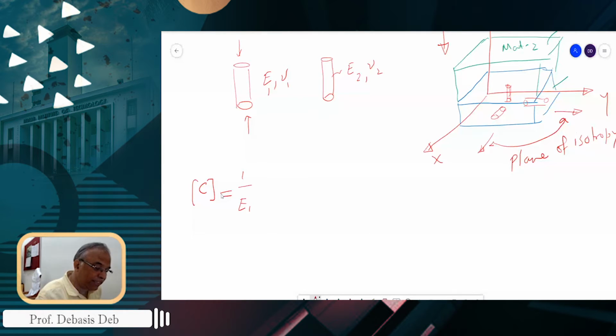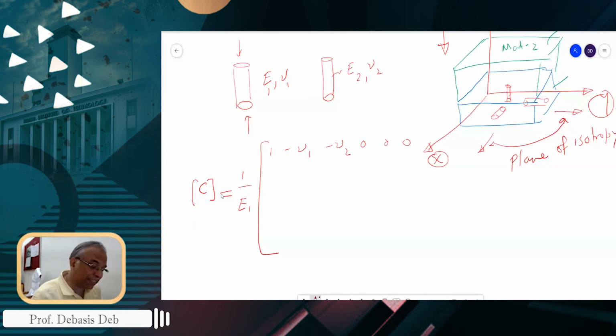It is written like 1, minus mu1, minus mu2. I am assuming X and Y are the plane of isotropy, so 1, mu1, and this is in the Z direction, so that's why it is mu2, 0 0 0.